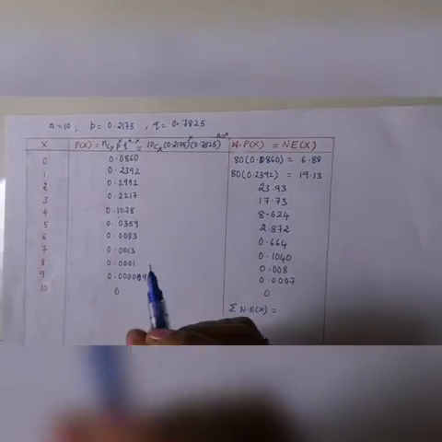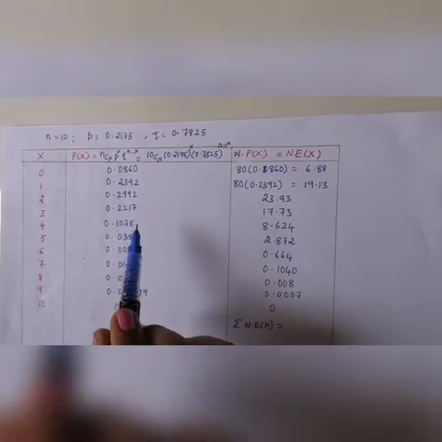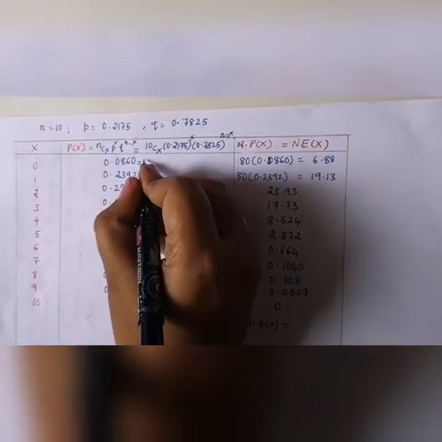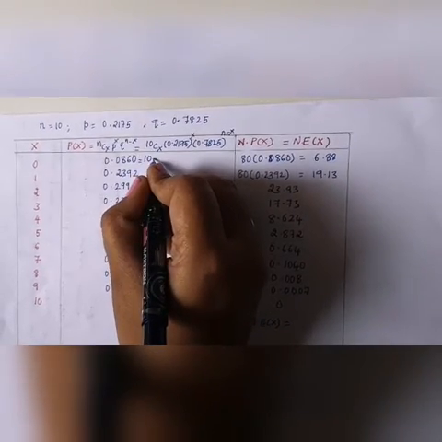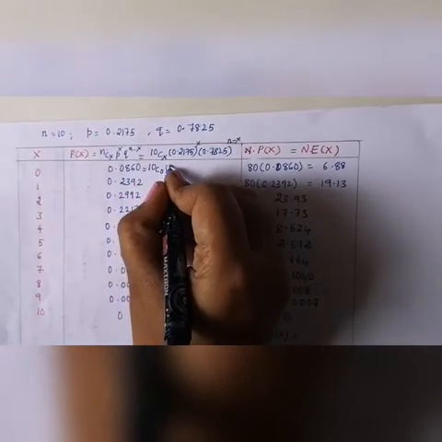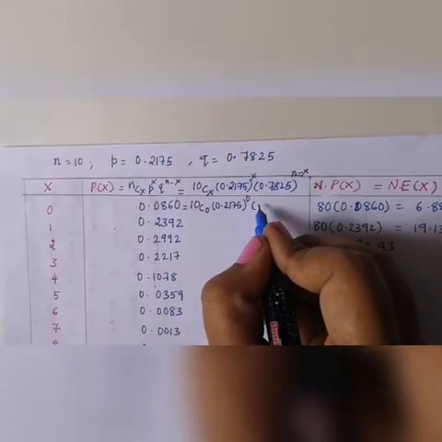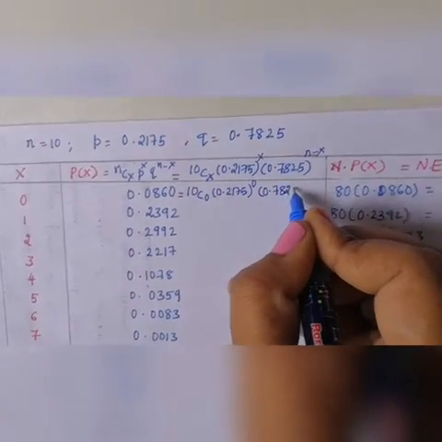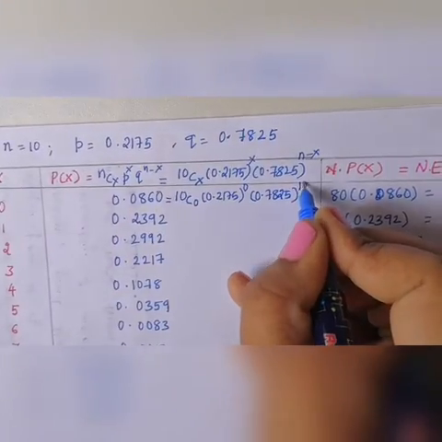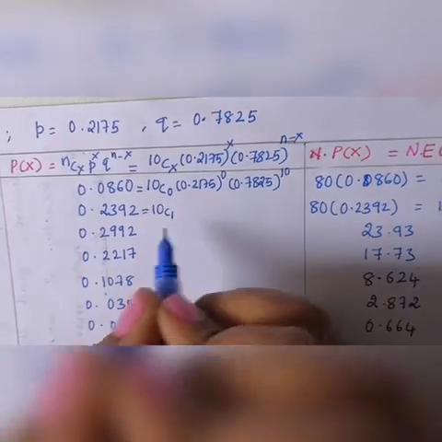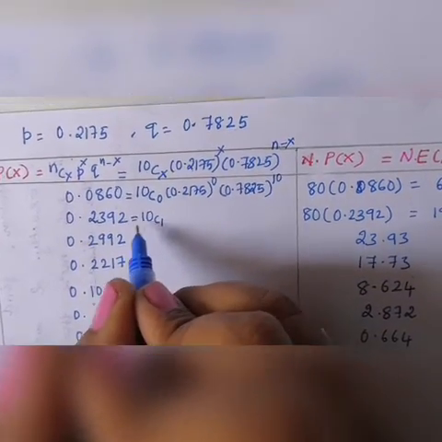So once we substitute the values in the formula, we are going to get these values. This value I got when I substituted x is equal to 0: 10C0, 0.2175 to the power of 0, and 0.7825 to the power of 10 minus 0, which is 10. Like that, for each value of x you substitute in the formula and you're going to get these values.